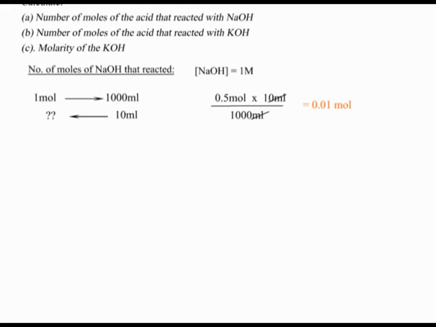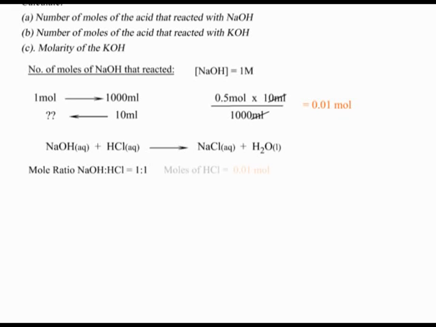Next, we find the number of moles of the acid that reacted with this sodium hydroxide. There is the chemical equation, and the mole ratio of sodium hydroxide to hydrochloric acid is 1:1. And therefore, the number of moles of hydrochloric acid that reacted with sodium hydroxide in the titration is 0.01 moles.